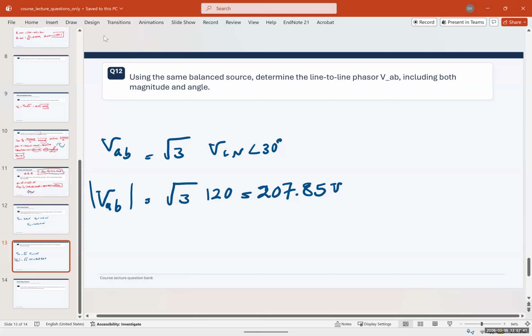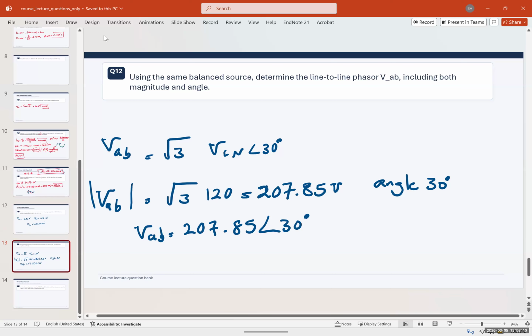By the way, this is a star connection or Y connection if it's not mentioned. And in a delta connection, it's equal. Now the angle is 30 degrees. So VAB is going to be 207.85 with an angle of 30 degrees.